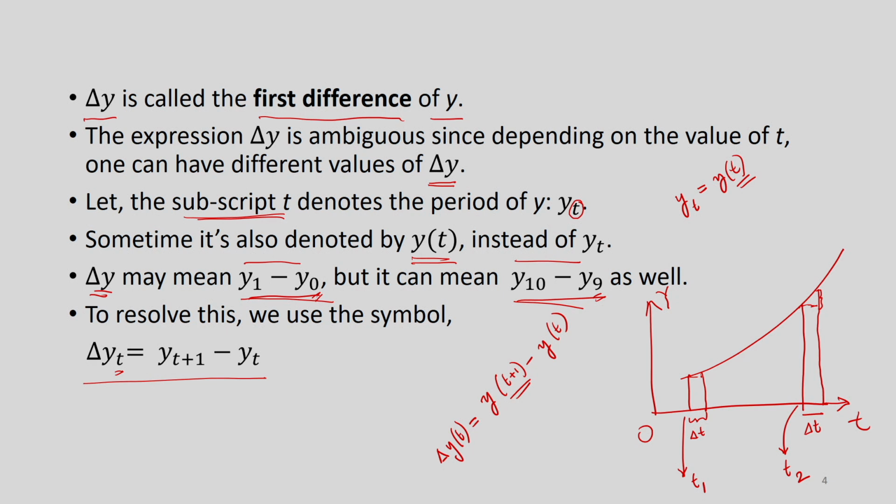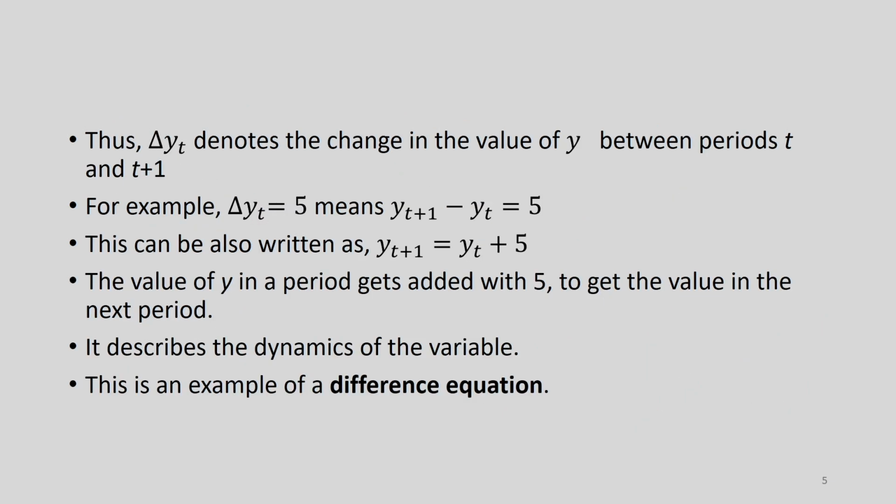Okay. So, this is a matter of convention, and we are going to stick to this convention, that we are going to use delta y subscript t is equal to y subscript t plus 1 minus y subscript t. So, delta y t denotes the change in the value of y between periods t and t plus 1.